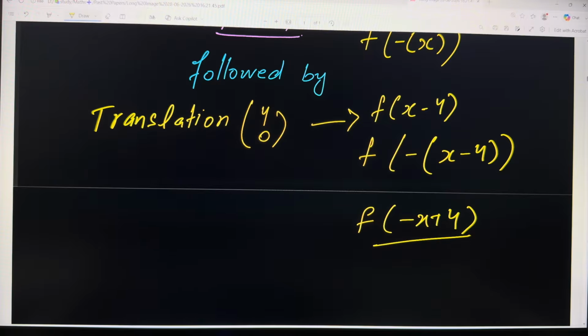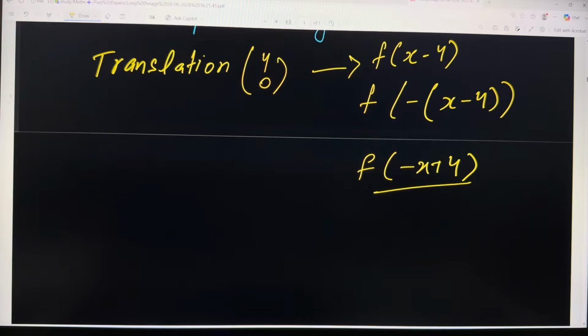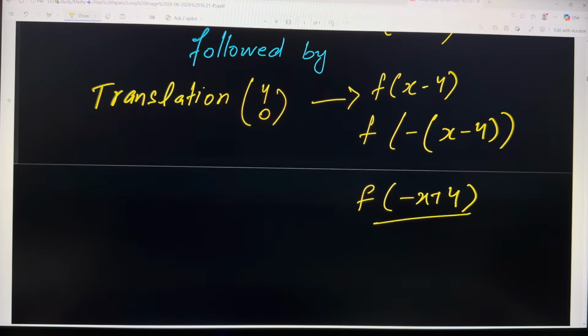That's why in the translation we did plus 4 and 0, because in the bracket it will be x minus 4, and the minus of the reflection is outside the bracket, and if we expand it, it will become the same.